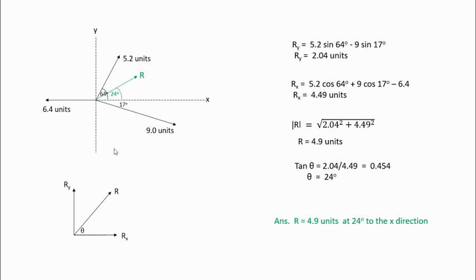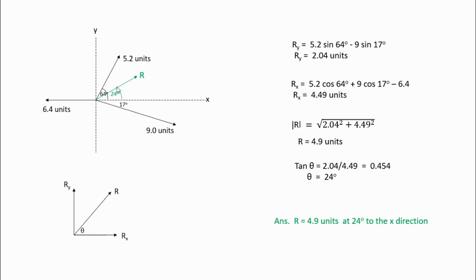What if we wanted to give the angle in relation to one of the original vectors? No problem. If R makes 24 degrees with x, and the 5.2 units vector here was at 64 degrees to x, then the angle between R and the 5.2 here is just 64 minus the 24, which is 40 degrees. So the angle between R and the 5.2 units is 40 degrees.